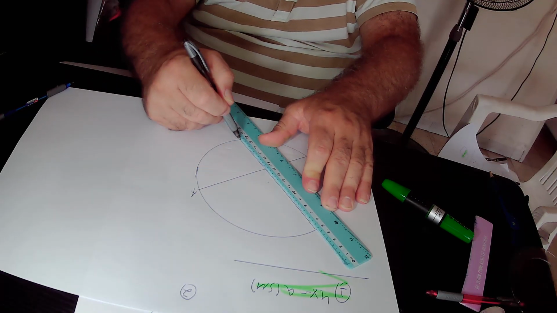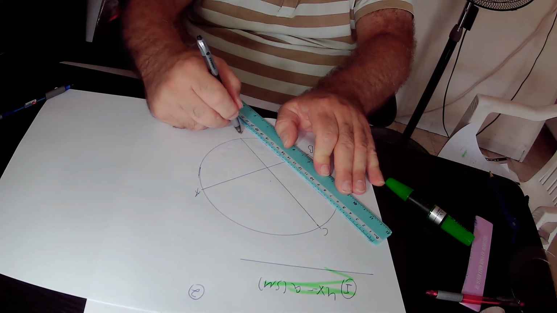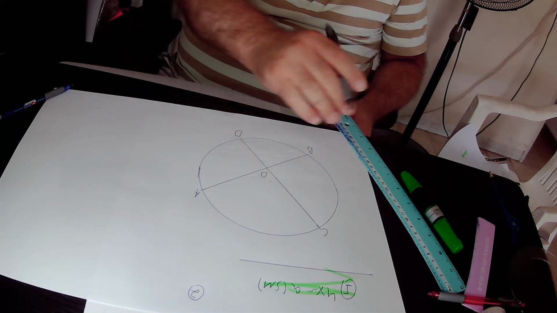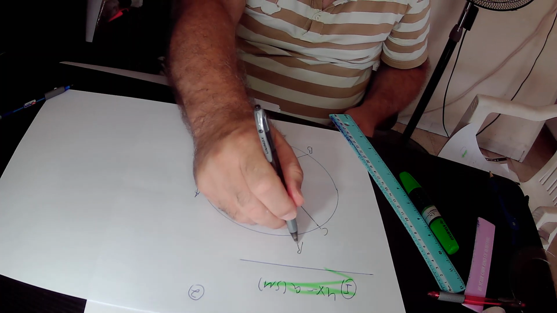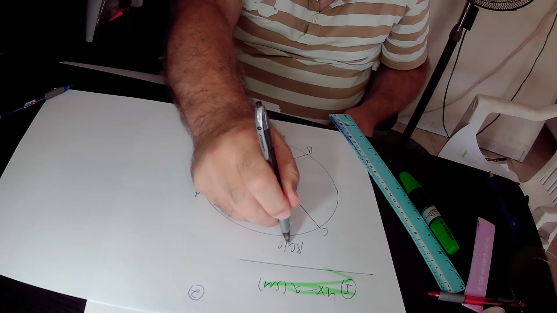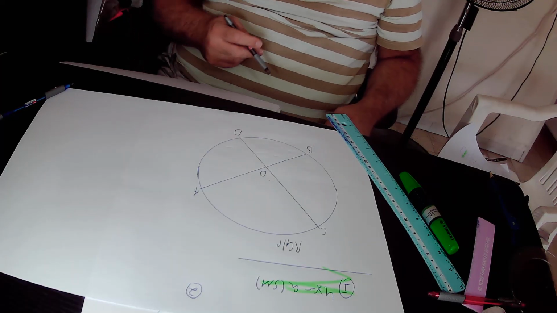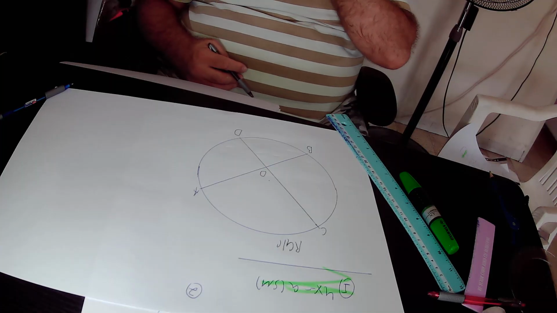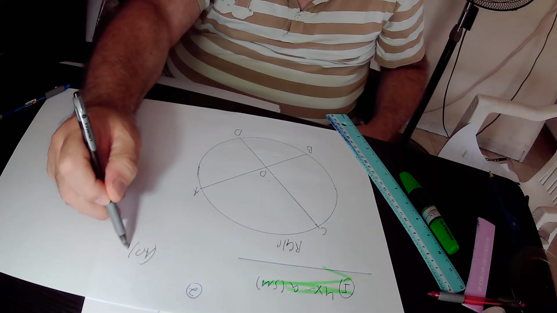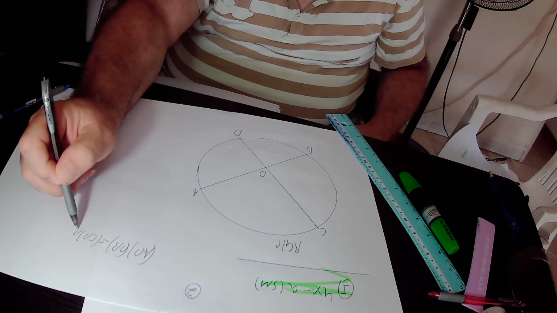This is chord CD. And they intersect with each other at this point O. Again, a rule that we already talked about in the previous lessons. If we have chord AB that intersects with chord CD at point O, then the following equation is true: AO times OB equals CO times OD.